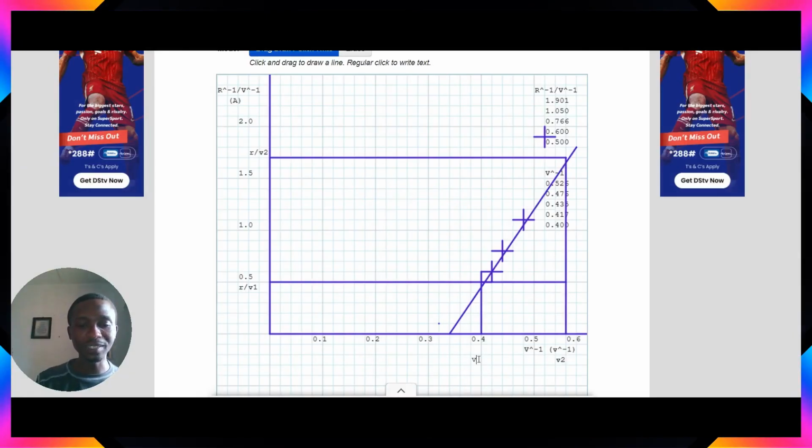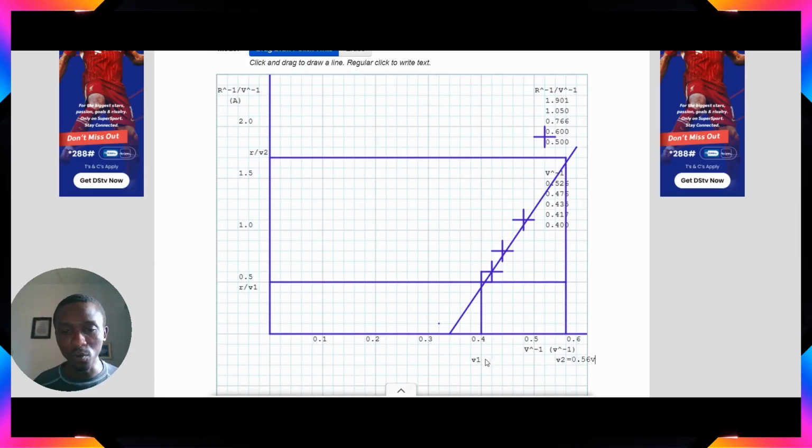So the next one is just simple arithmetic to get your answer, and you have to read this on the graph. Your V2 is 0.56, this is equal to 0.56 per volt.